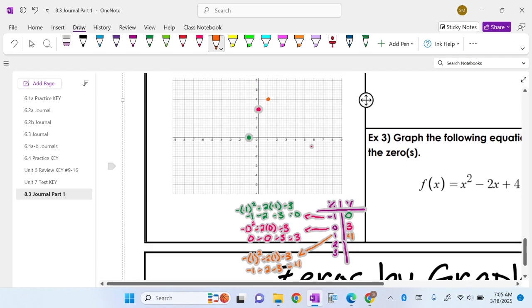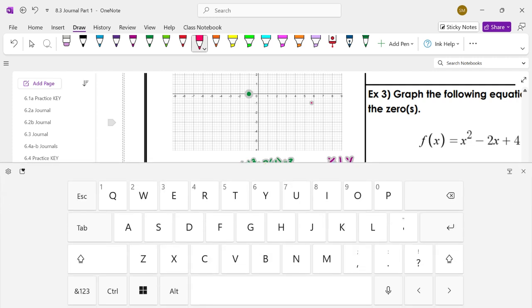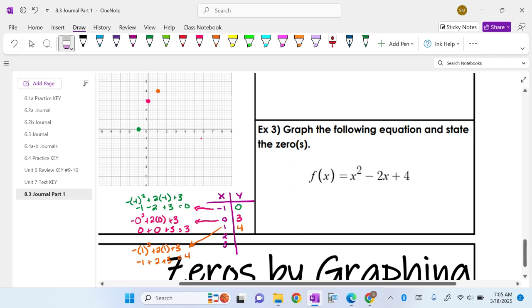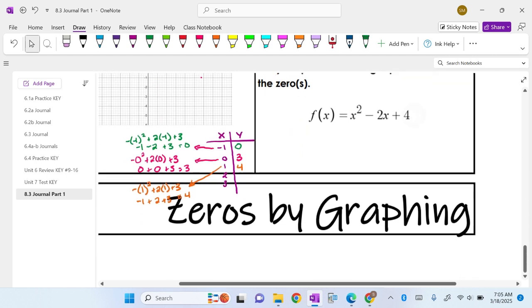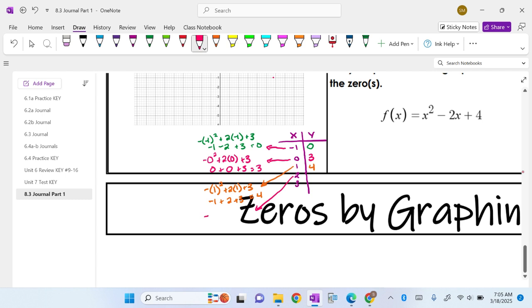So right here, if I do it for 2, I have negative 2 squared plus 2 times 2 plus 3. 2 squared is 4 times a negative is negative 4 plus 2 times 2 is 4 plus 3. Negative 4 plus 4 is 0 plus 3 is 3.